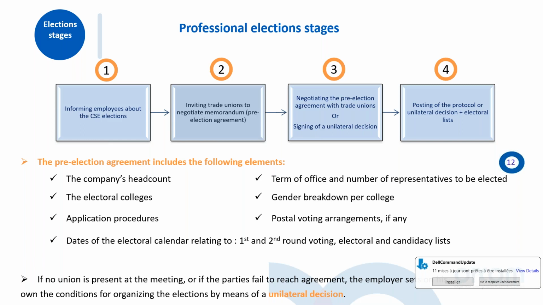So after this second step, you will have the third step, which is actually with the second step about the negotiation of the pre-election. And the fourth step is posting the protocol or the unilateral decision and the electoral list.